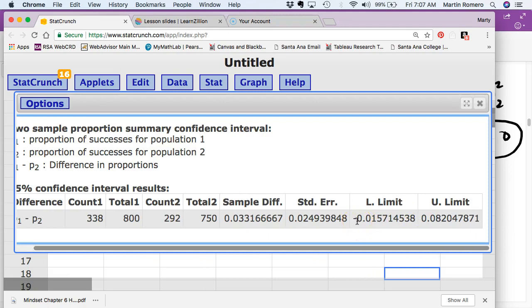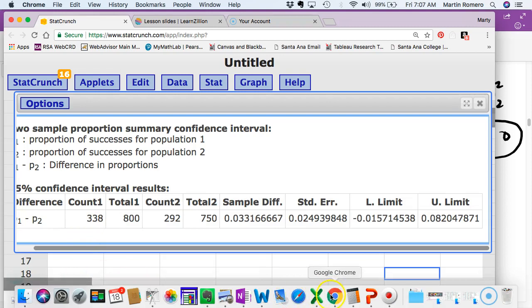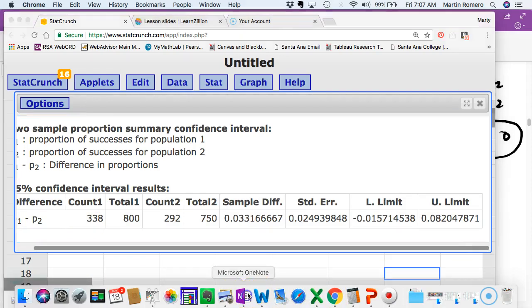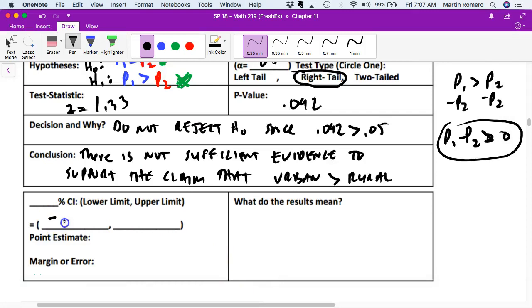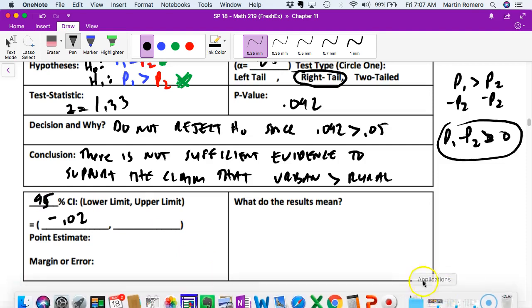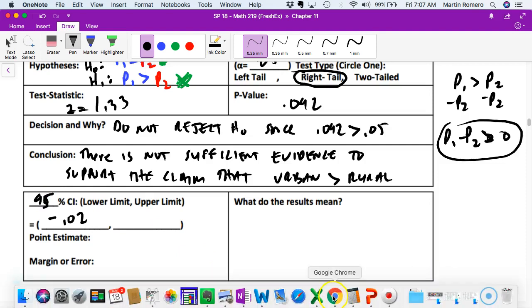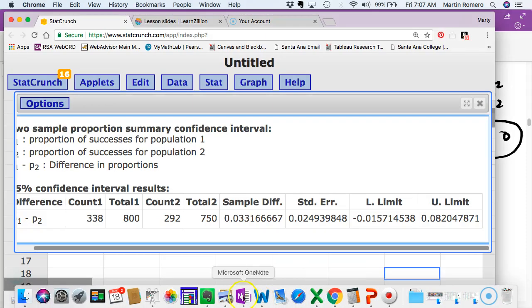I get negative 0.02 for the lower limit. This is a 95% confidence interval. And on the upper limit, we get 0.08.